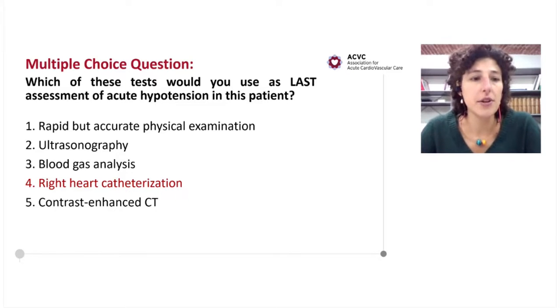The ultrasonography, I already showed you an example of point-of-care ultrasonography, a very rapid and easy test you can perform to rapidly exclude acute and severe causes of hypotension. And the contrast-enhanced CT is quite frequently used in this context because it is rapid and it can give you information about hemorrhagic complications, for example, in patients undergoing interventional procedures.